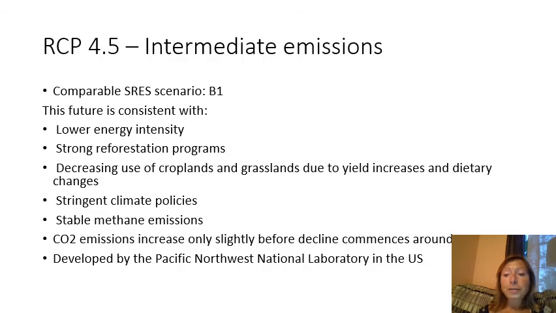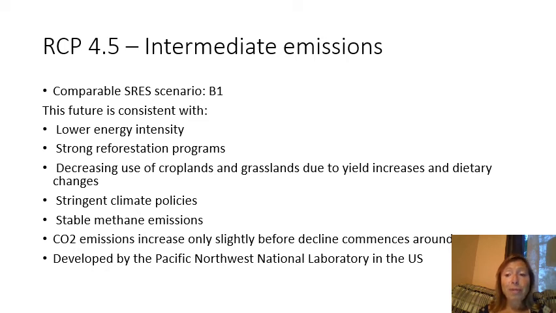Another representative concentration pathway was developed by the Pacific Northwest National Laboratory here in Corvallis in Oregon, and this representative pathway 4.5 focuses on what the world would be if we were achieving the intermediate level of emissions. This scenario is actually quite comparable to the B1 storyline.